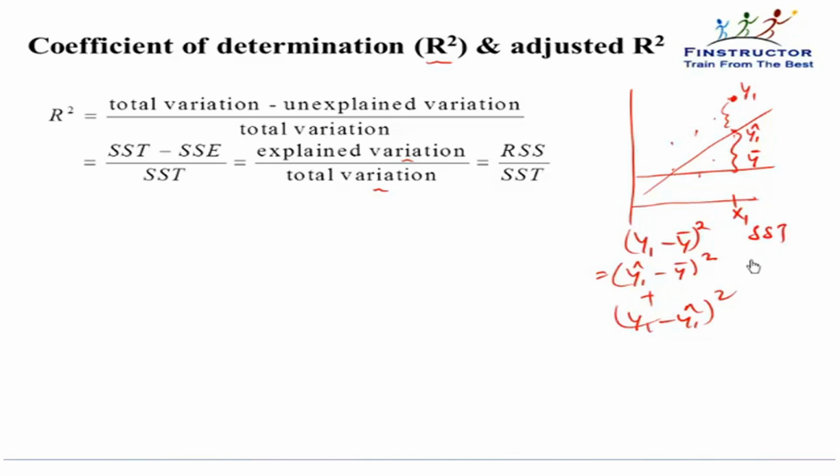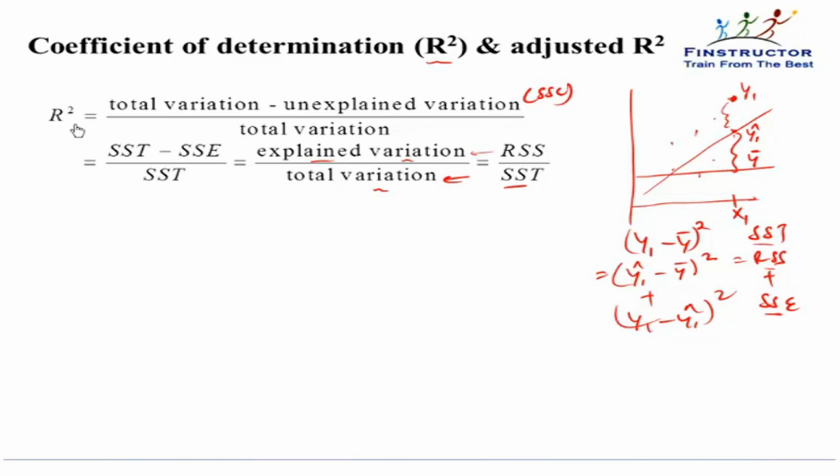SST is equal to regression sum of squares plus sum of squared errors. This term is known as total variation. Regression sum of squares is known as explained variation, and the sum of squared errors is known as unexplained variation.